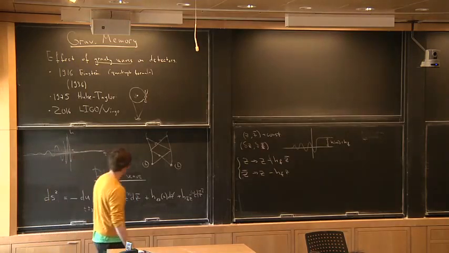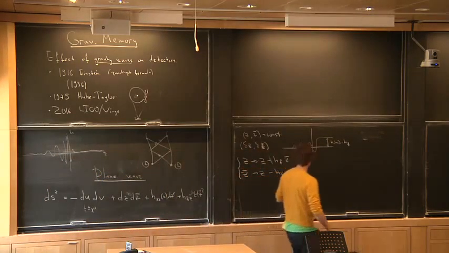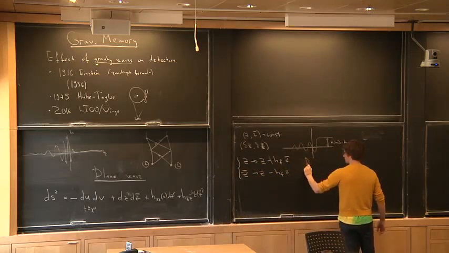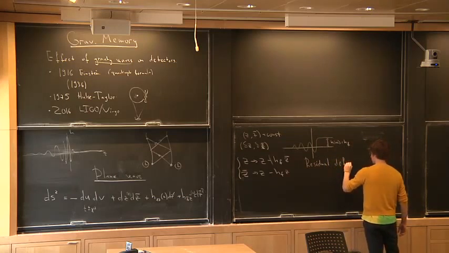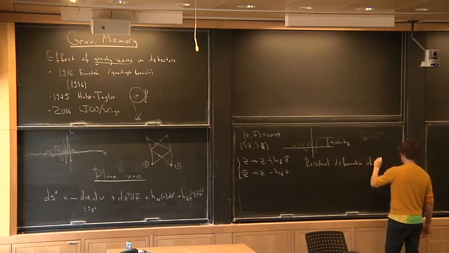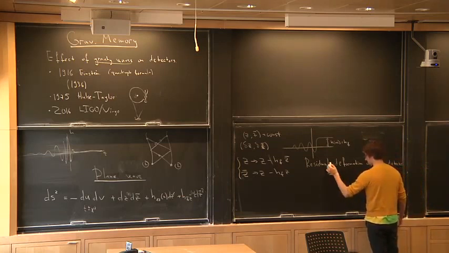So there is a residual deformation of the detector, and this effect is called gravitational memory.